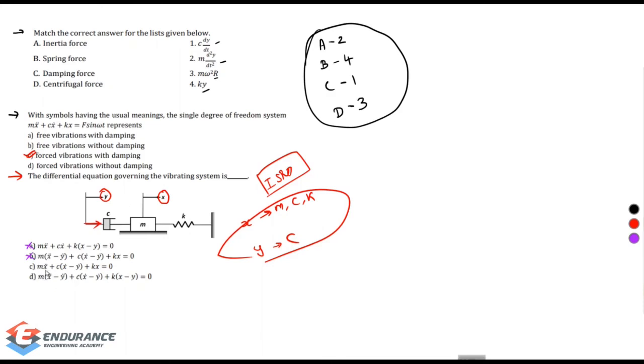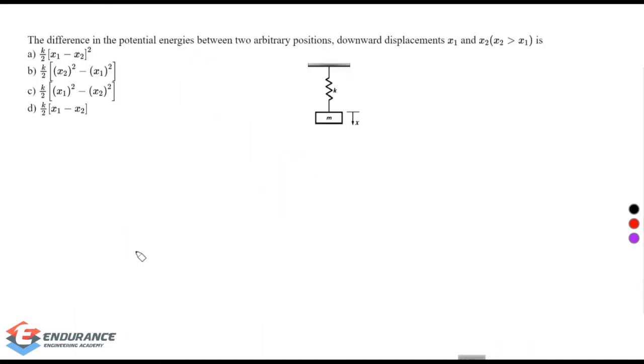And third, mass is having only the x component for acceleration, and damping is having both, x dot minus y dot, that is true, because the damper has the effect of both y and x. And k has only x, so this is the correct answer. If you check option D, mass has two components, even k has two components, this is wrong. So the correct answer for this question is option C.